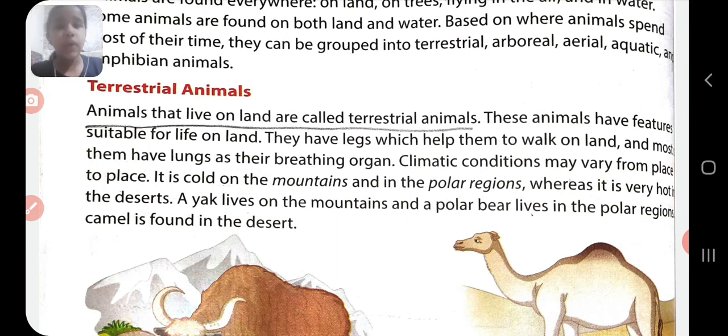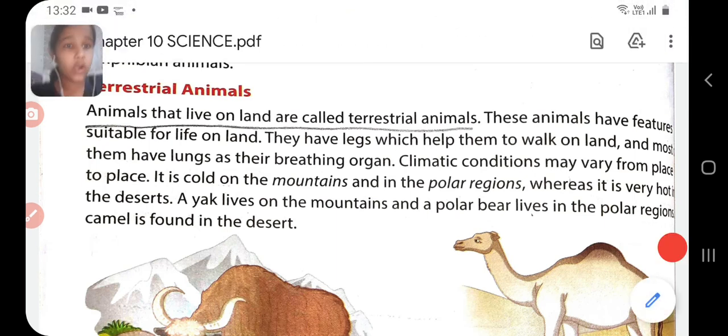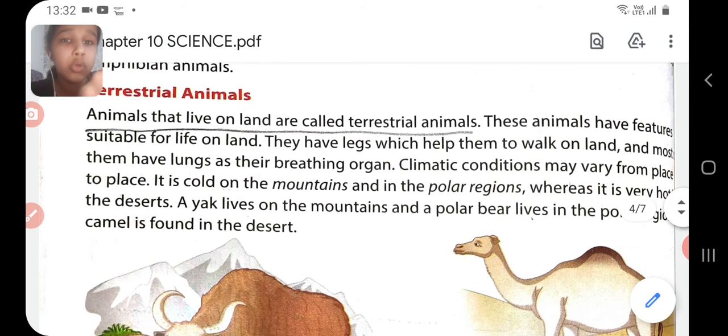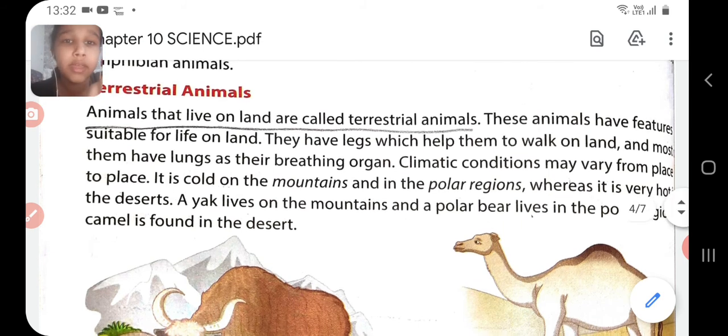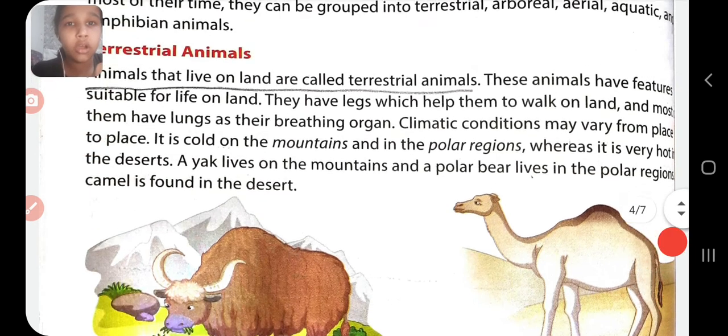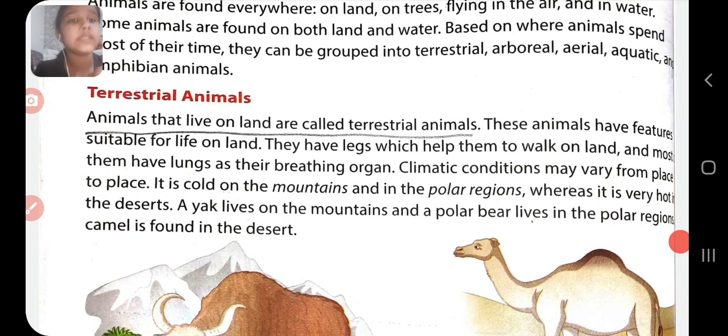Animals that live on land are called terrestrial animals. Now these animals have features suitable for life on land. They have legs which help them to walk on land, and most of them have lungs as their breathing organ.